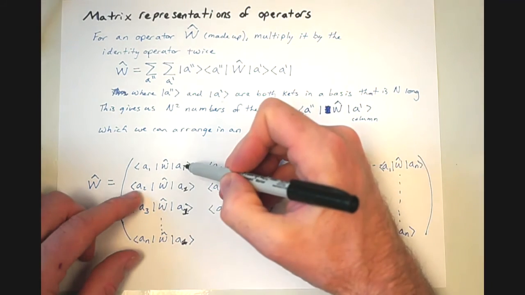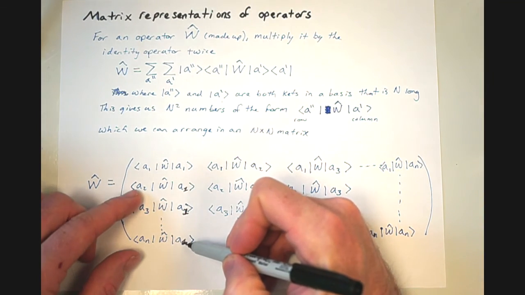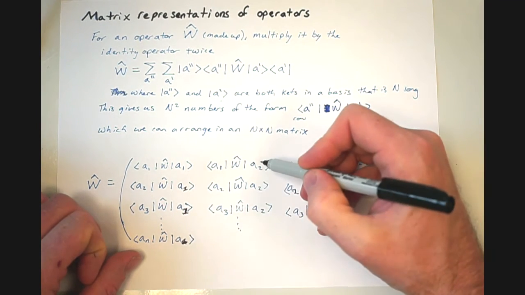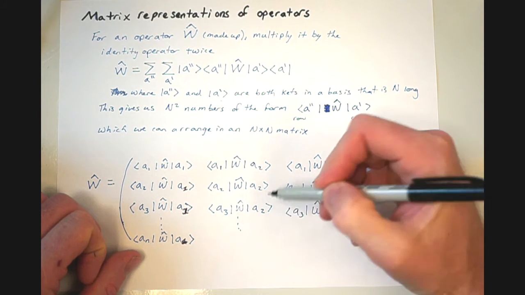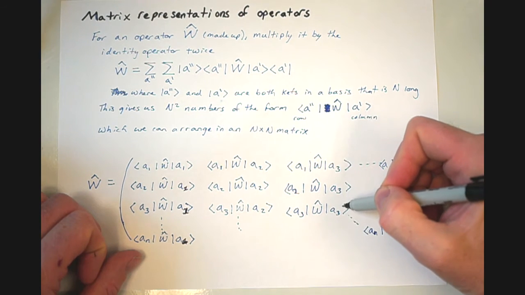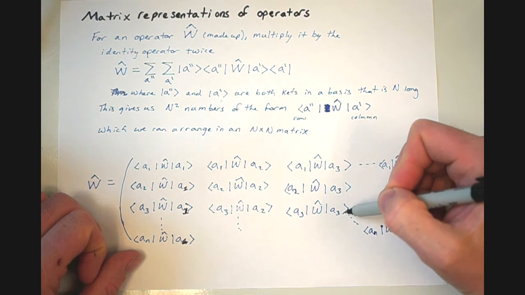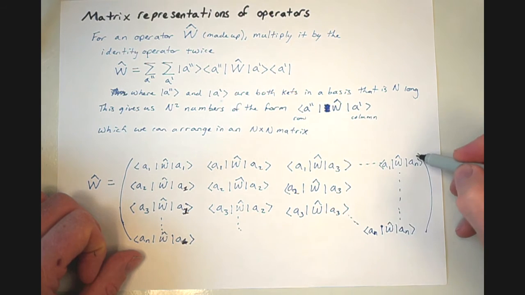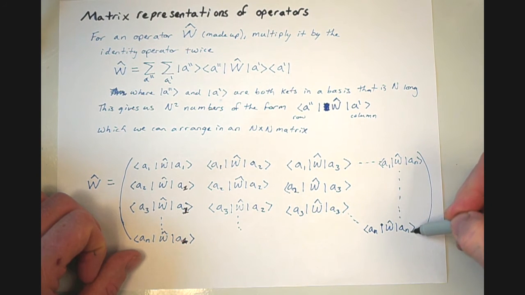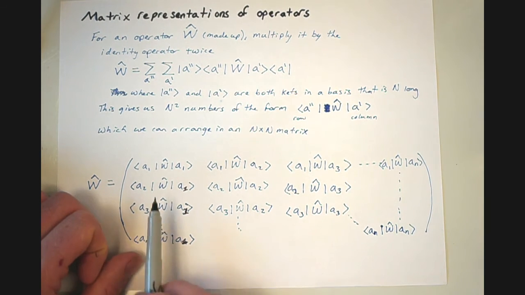So this represents we've got all A1s in this column on the right-hand side, all A2s in this column, all A3s in this column, all the way up to all A sub n's in our ket on the right.